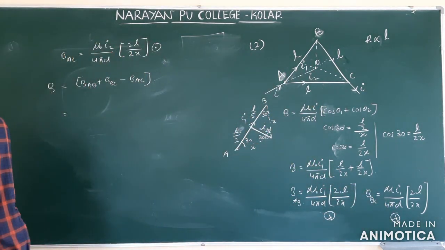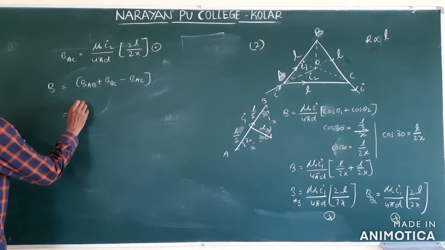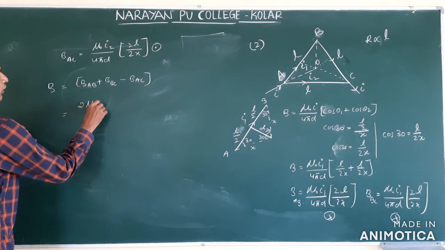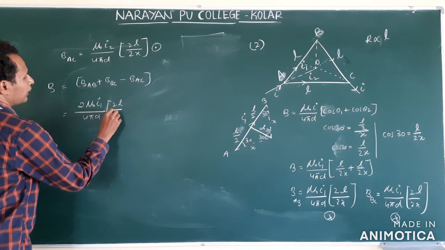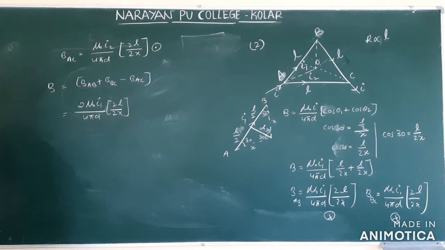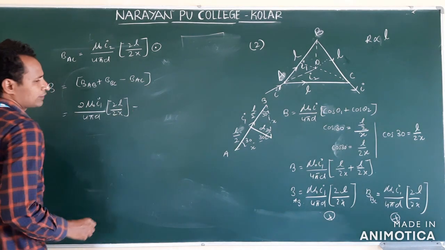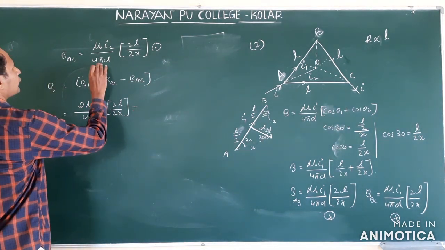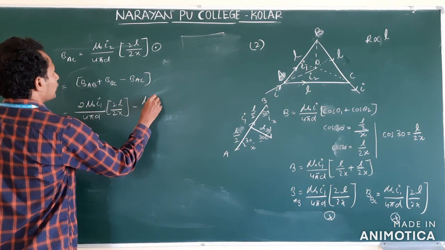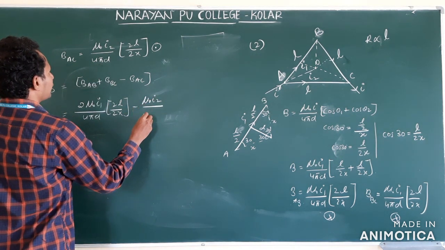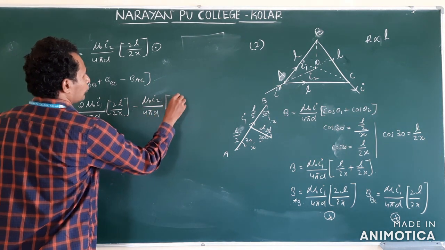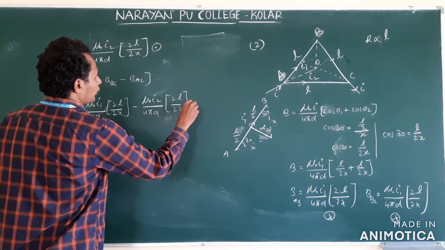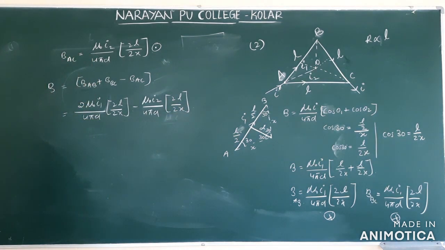Both magnitudes are the same. This we can write as 2 mu naught I1 by 4 pi d times (2L by 2x). Clear? Now minus what is there? Mu naught I2 by 4 pi d times 2L by 2x.